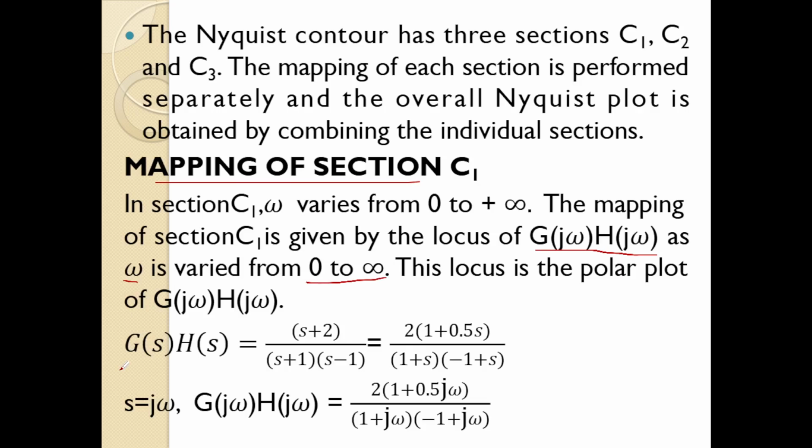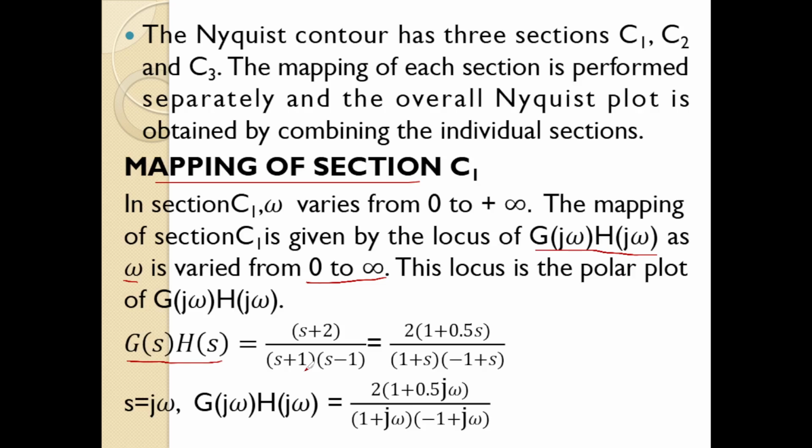Now we already have G(s)H(s), which is (s + 2) / ((s + 1)(s − 1)). We can convert this G(s)H(s) into the sinusoidal open loop transfer function, and we can plot the polar plot for this.